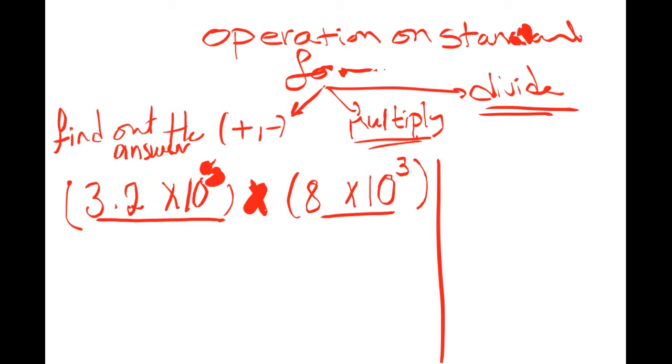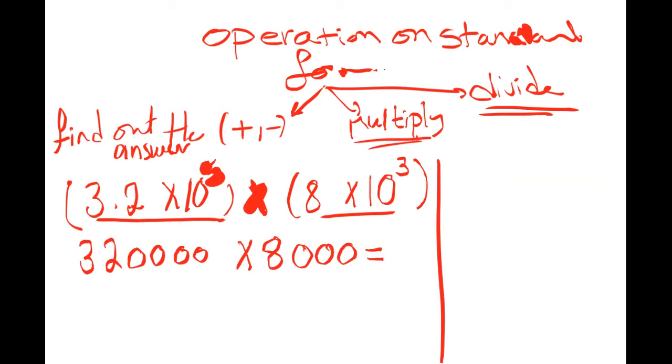Like I can write 3.2 in ordinary form, so it's 3, 2, and 4 zeros as we learned. Then we multiply it by 8 and 3 zeros. Then we multiply the two numbers together. So we have 1, 2, 3, 4, 5, 6, 7 zeros.